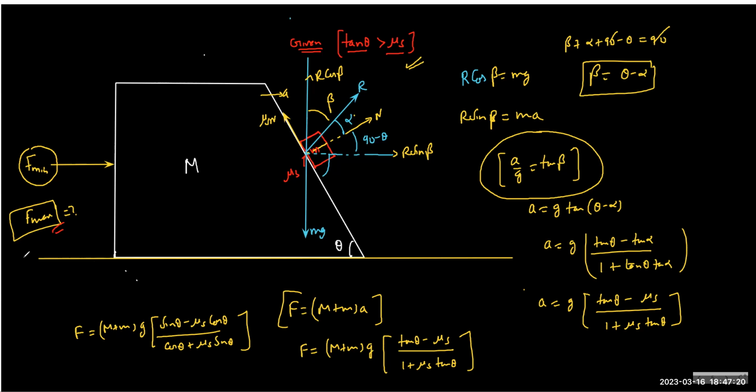In fact, you will get the answer as A max can be g tan of theta plus alpha. That's it. You can derive this. Of course, solve it by the basic way you know.